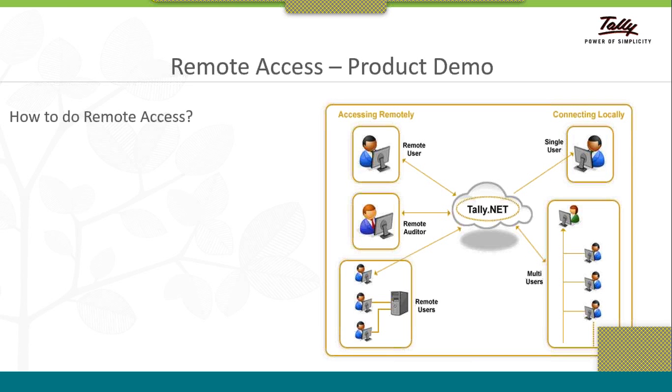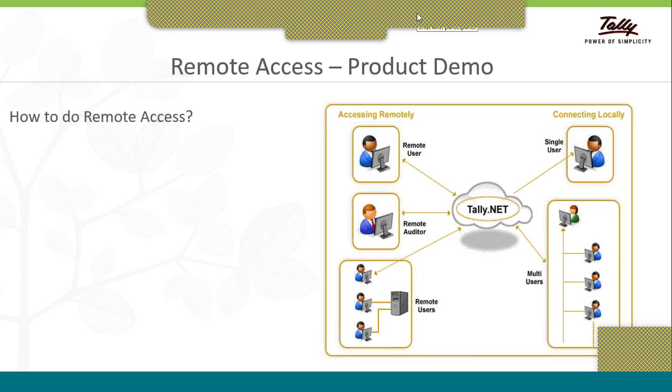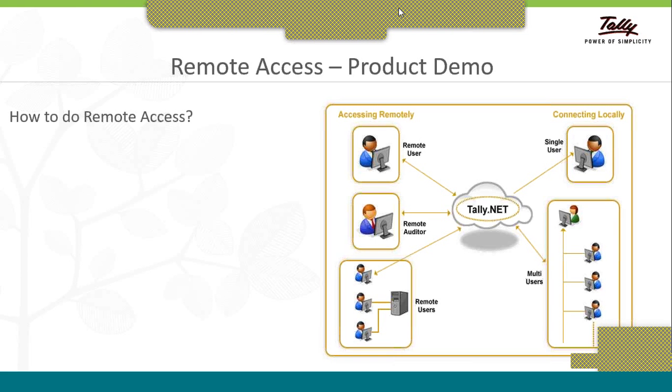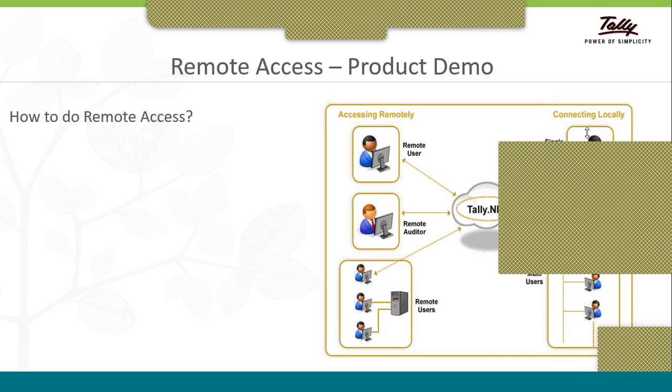For example, if the customer is traveling and wants to view his report, or if the customer has two or three offices and wants to view his report from a different office. In such cases, you have to start talking about remote access capability. So before going to the product demo, if you have any questions or concerns, please raise them through chat, or else we'll proceed.